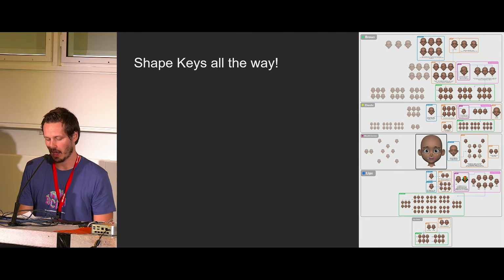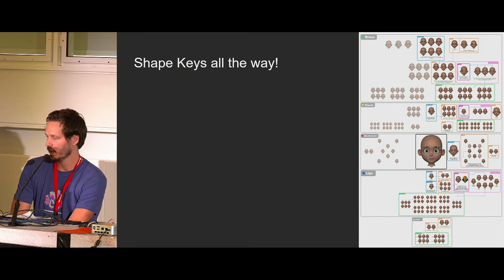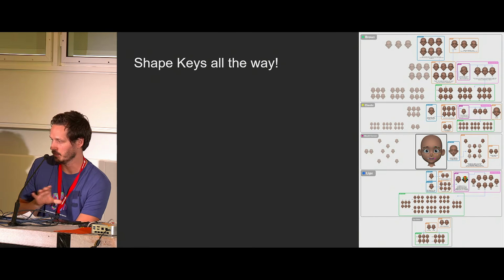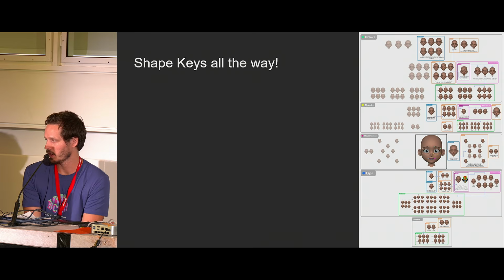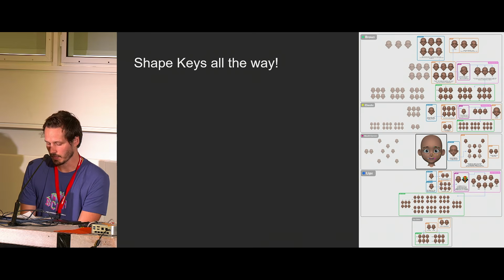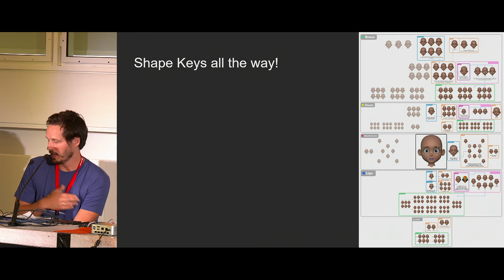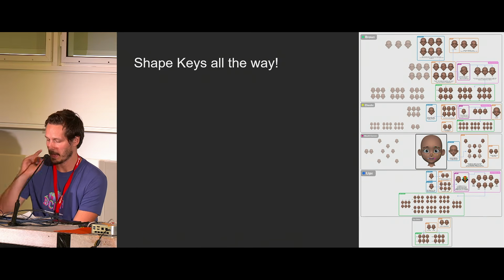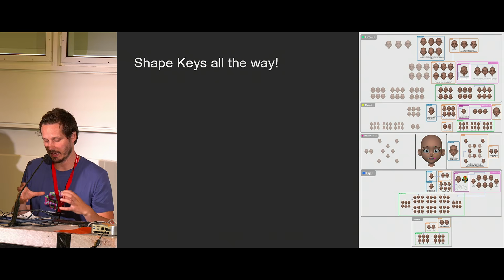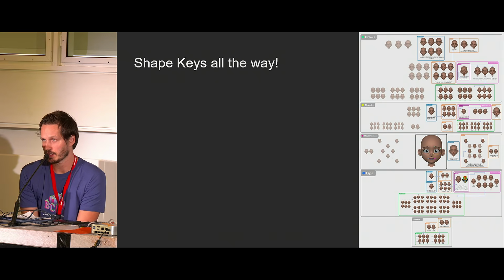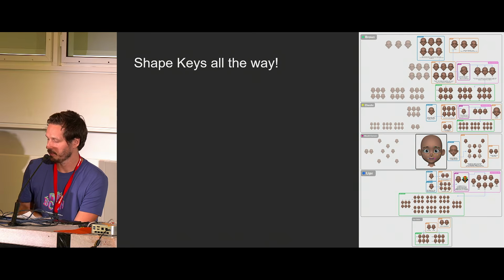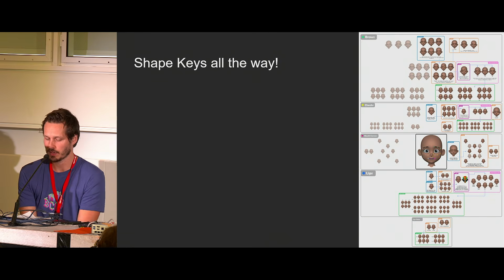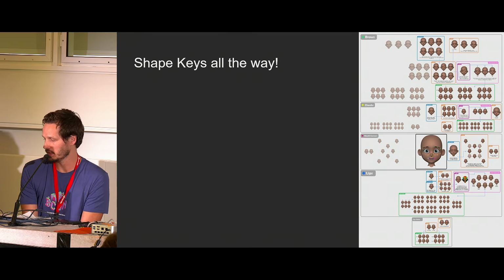It's usually a hybrid system where both curves, joint deformers, and shape keys are combined. So I had to pedal back a little bit and wanted to implement this into this new character where both shape keys, but also bone deformers and additional other deformers were implemented.